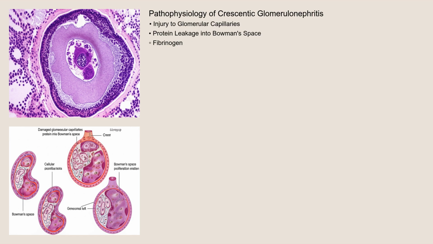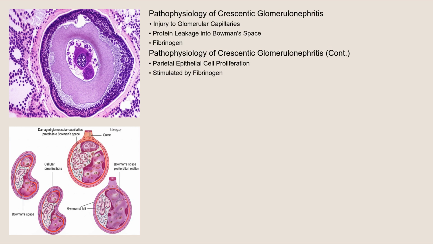This crescent formation obstructs the normal filtration process, leading to a rapid decline in glomerular filtration rate, or GFR, and subsequent kidney failure. The inflammation and scarring within the glomeruli further contribute to the loss of kidney function. Ultimately, if untreated, this progressive damage leads to end-stage renal disease.